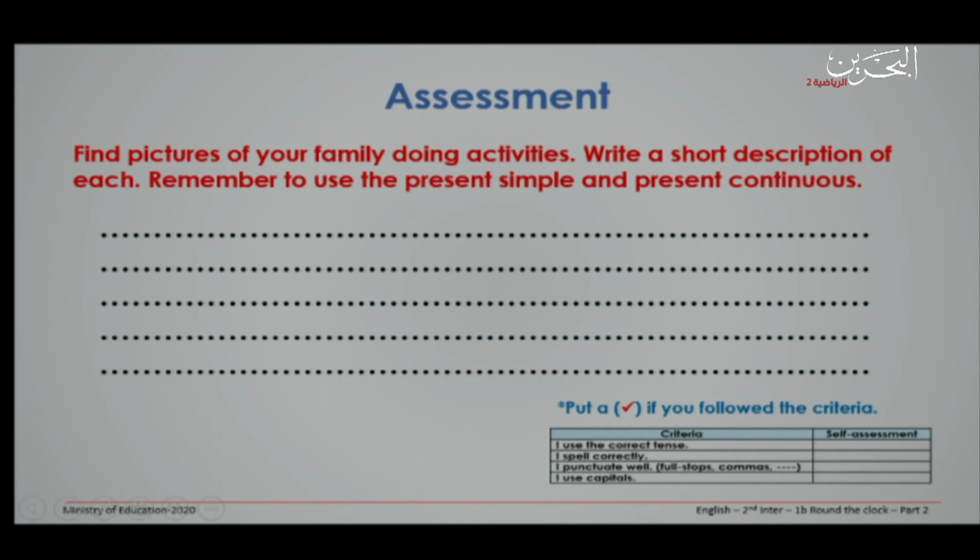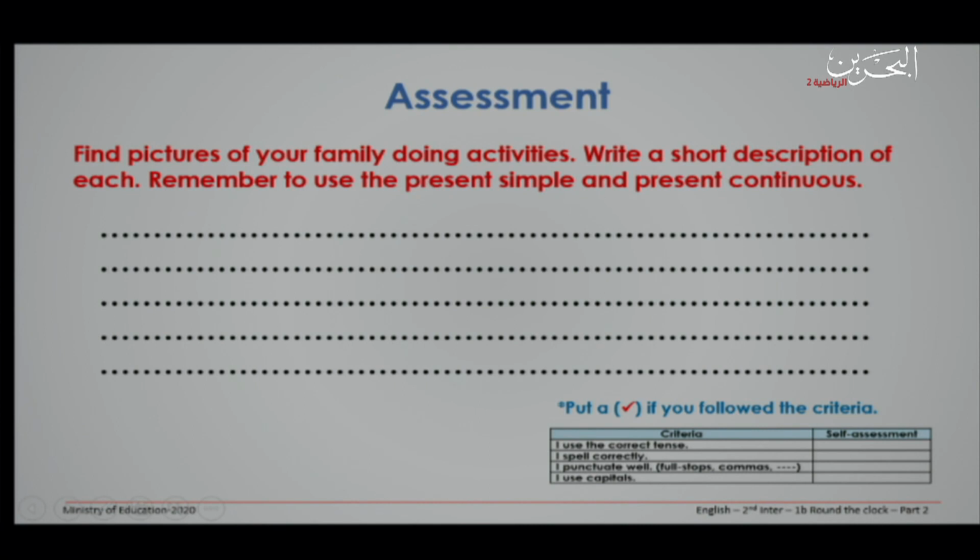For further assessment, find pictures of your family doing activities. Write a short description of each. Remember to use the present simple and present continuous.